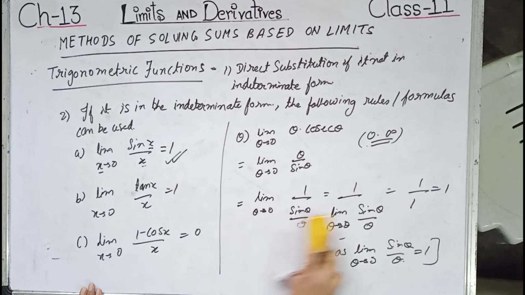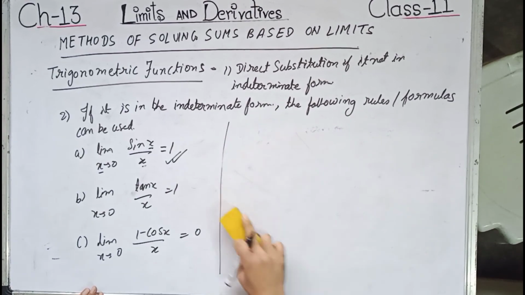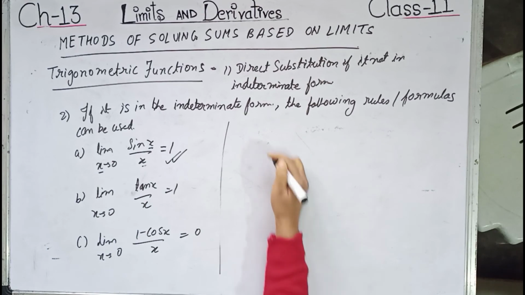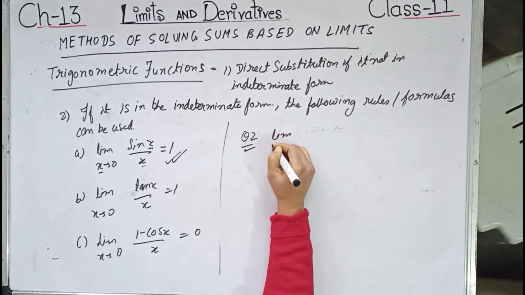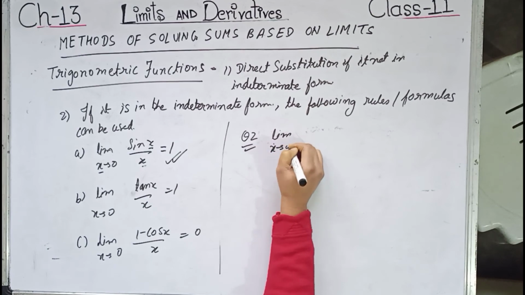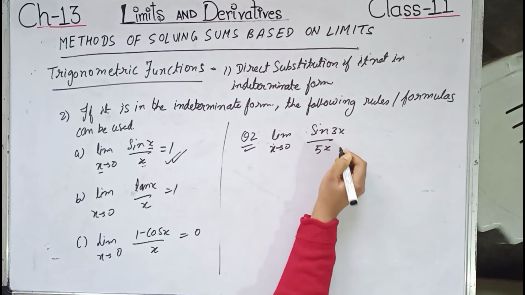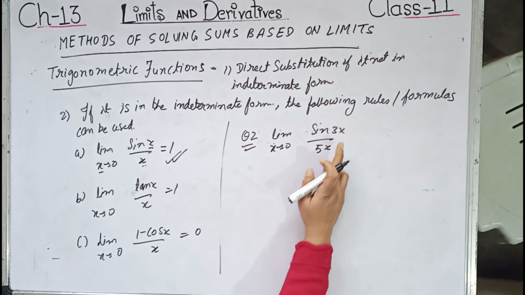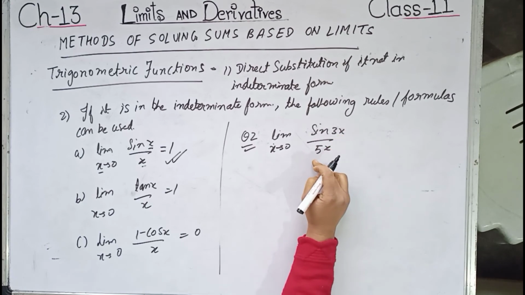Let us do one more sum. Limit x tending to 0 sine of 3x by 5x. Now over here, in place of theta it is 3x, so I want 3x also in the denominator.